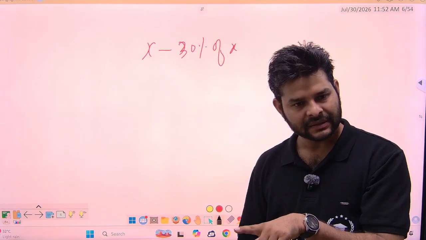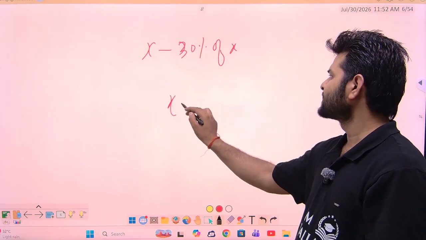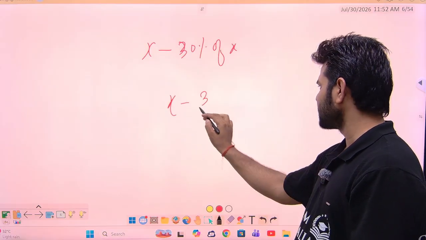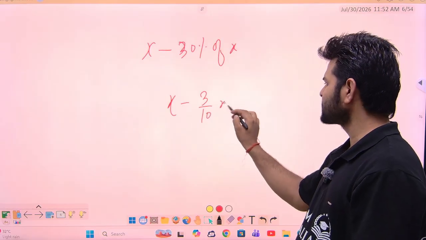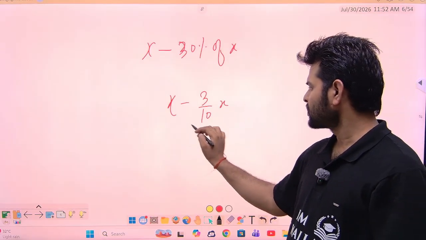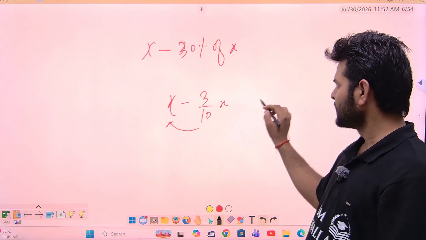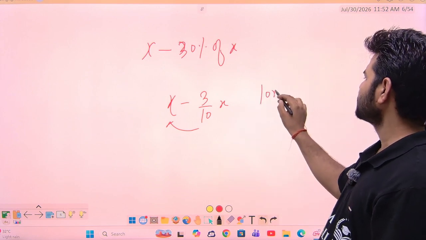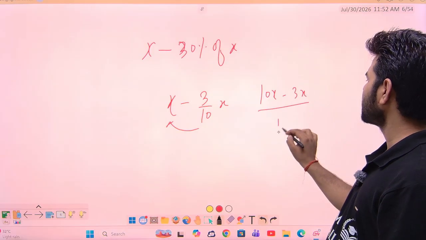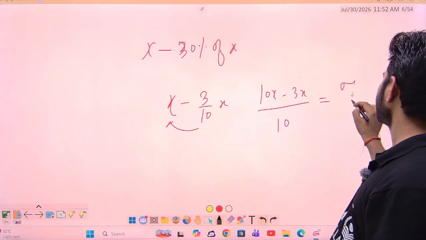That would be the rest. So 30% means 3 by 10 of X. If you simplify, you get 10X minus 3X upon 10. So the remaining would be 7X upon 10.